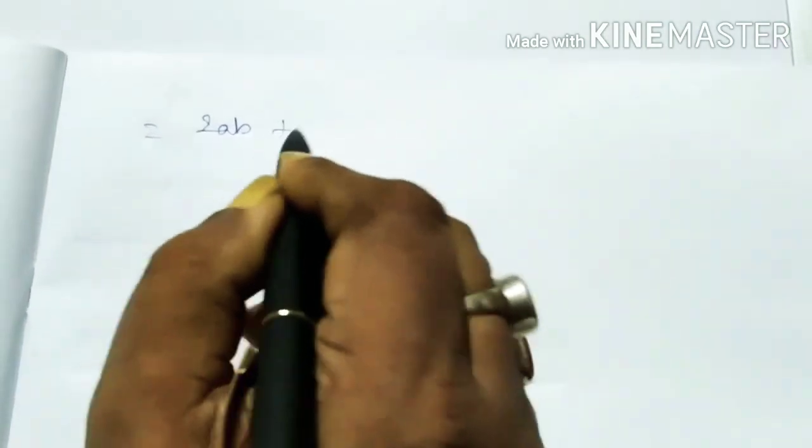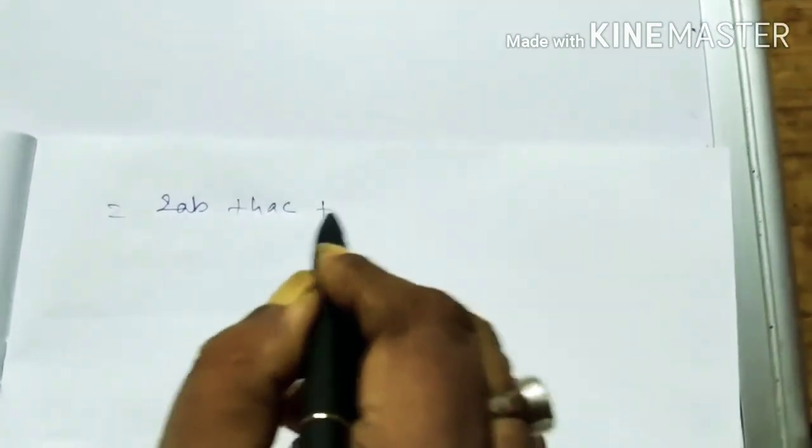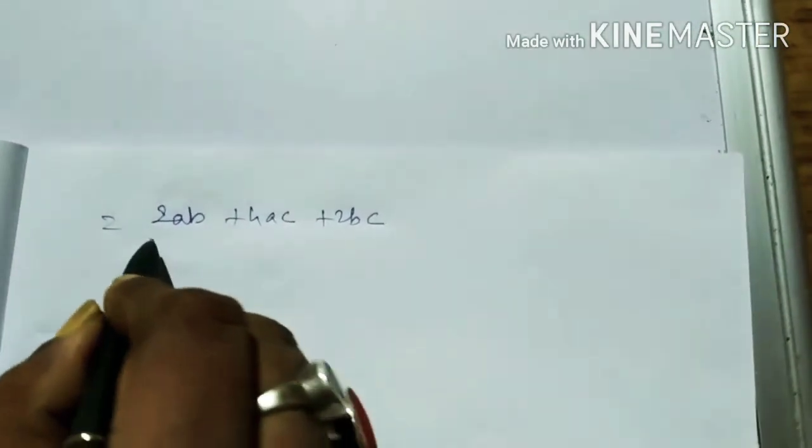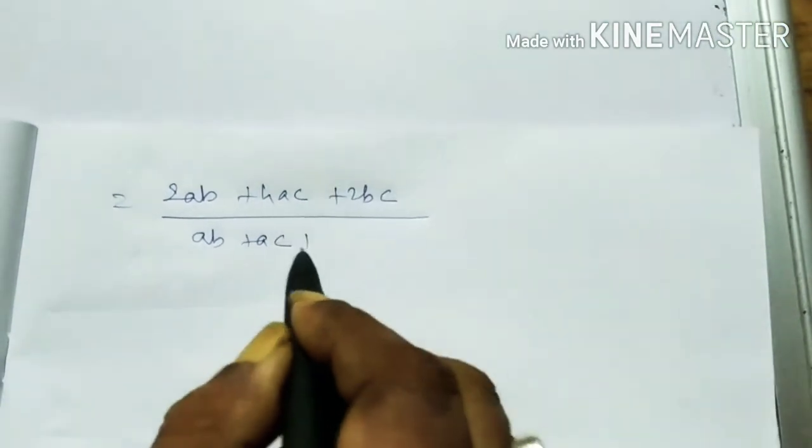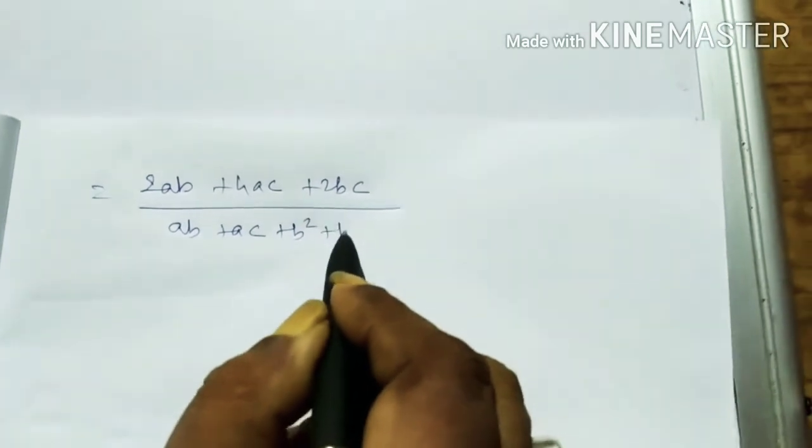Now this comes out to be like this: 2AB plus 4AC plus 2BC, and below this is AB plus AC plus B square plus BC.